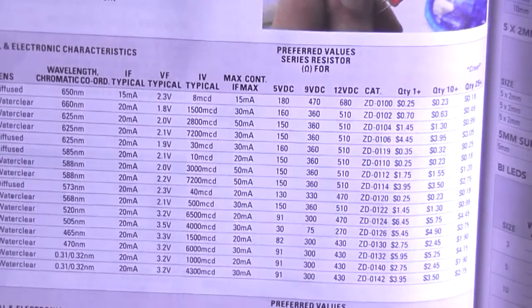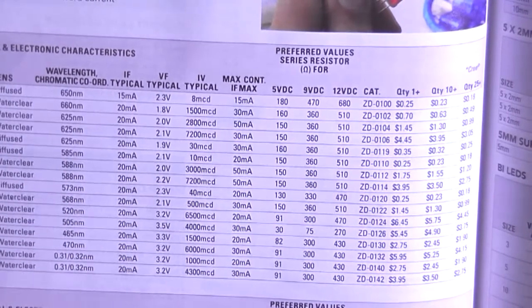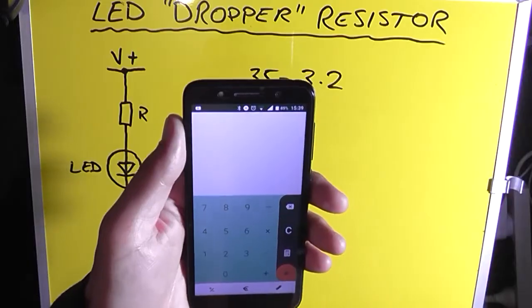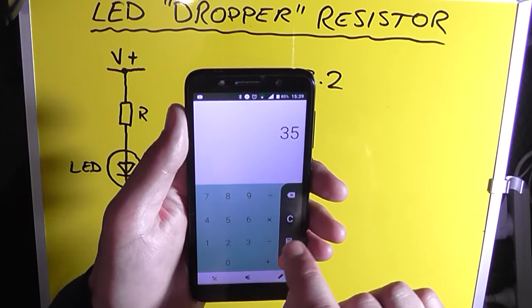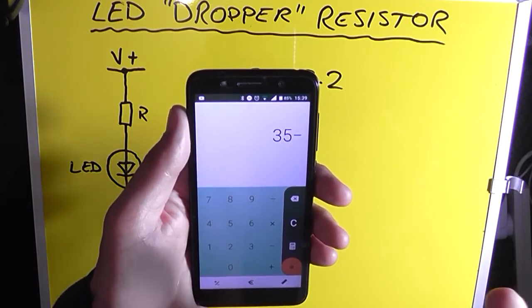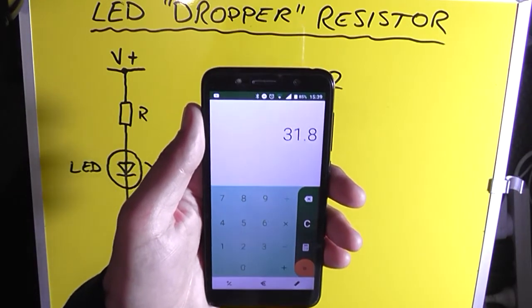Now these preferred resistor values in this catalogue are only good up to 12 volt. What if we've got a voltage of like 35? Well, it's the same thing. So we know the supply voltage, which is 35. We know the supply voltage required by the LED. I'm going to use the same one, which is 3.2 volt. That gives us 31.8.